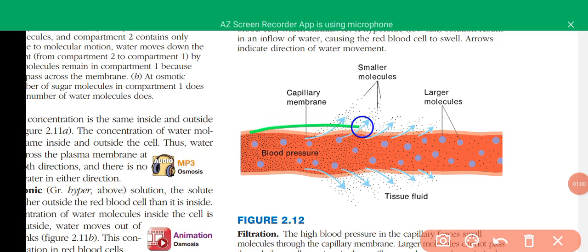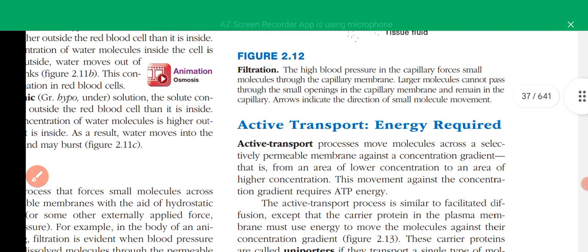This is a particular type of vessel in which large particles and small particles are moving, and a certain hydrostatic pressure is forcing small molecules out of it, but large molecules will not move out because of their large size, and large energy is required to move this type of material out of the cell. There is also a charge factor, and their size is so large that they are unable to pass through the pores in the blood vessels.